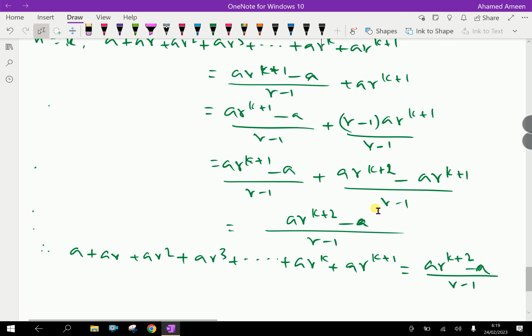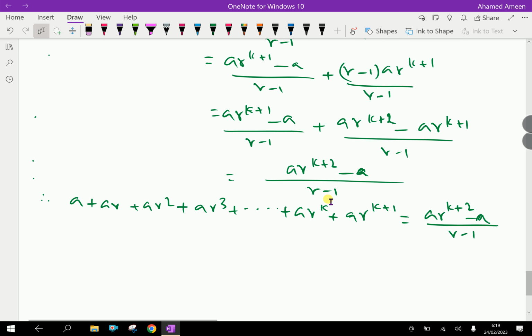Here r minus 1 is the common denominator, so a r^(k+2) and the a r^(k+1) terms cancel because one is negative and one is positive. Then we are left with (a r^(k+2) minus a) over (r minus 1). Therefore the inductive step is proved.